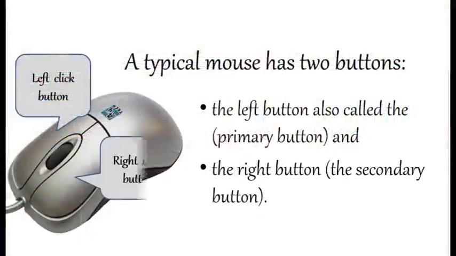Now, the mouse, just like I said earlier, is an important device with special buttons used for giving certain commands to the system. The primary button is the left click button, while the secondary button is the right click button. Using the mouse, the left click can be used to select and interact with items on a computer display.